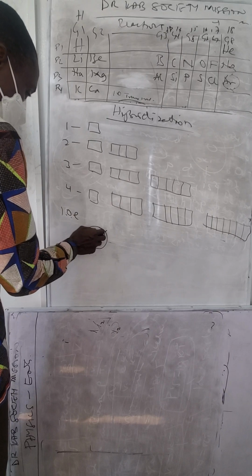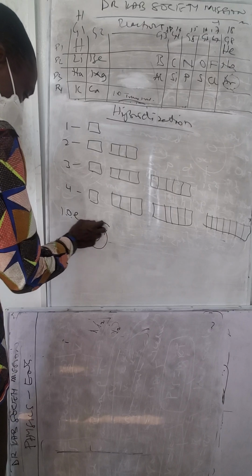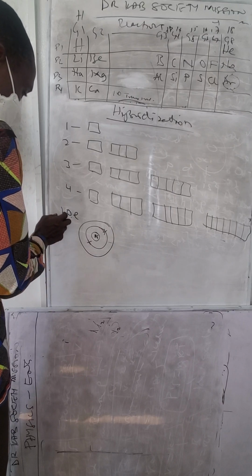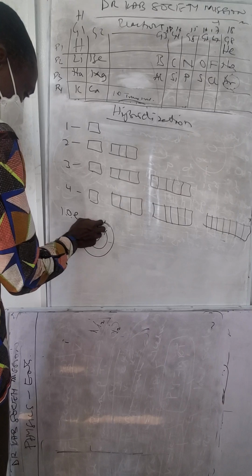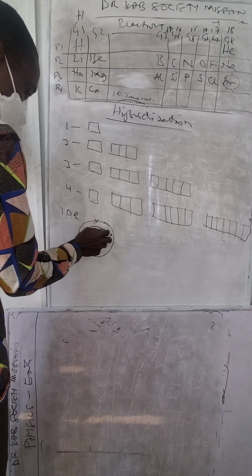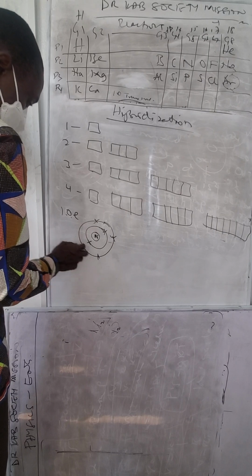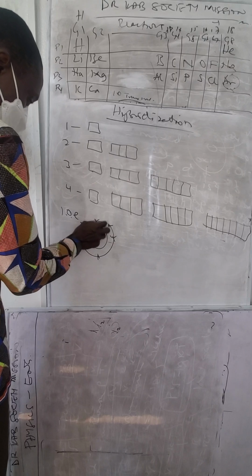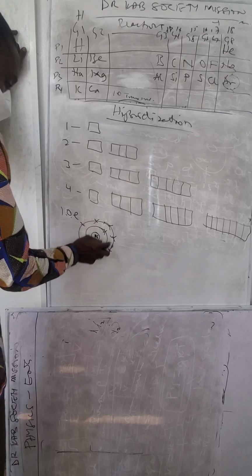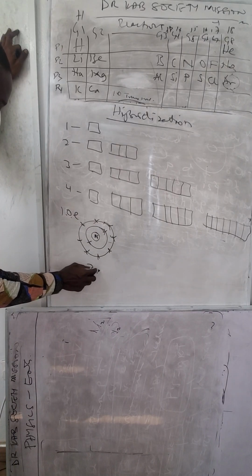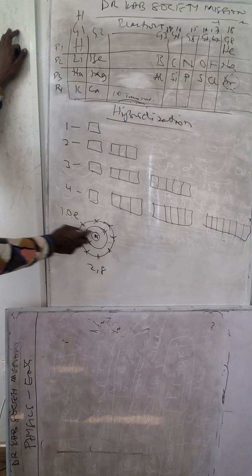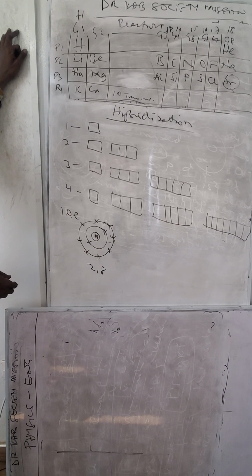The first one we take 2. When you take 2, we have 8 more. The next one we take 8. So this would have been 2, 8. This would be the old kind of representing electrons.